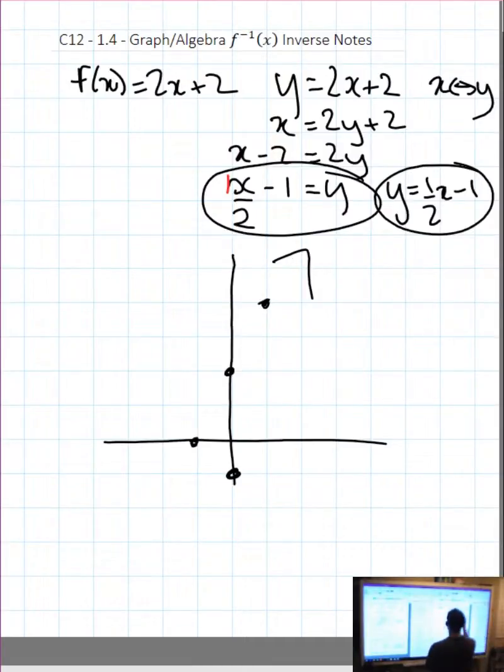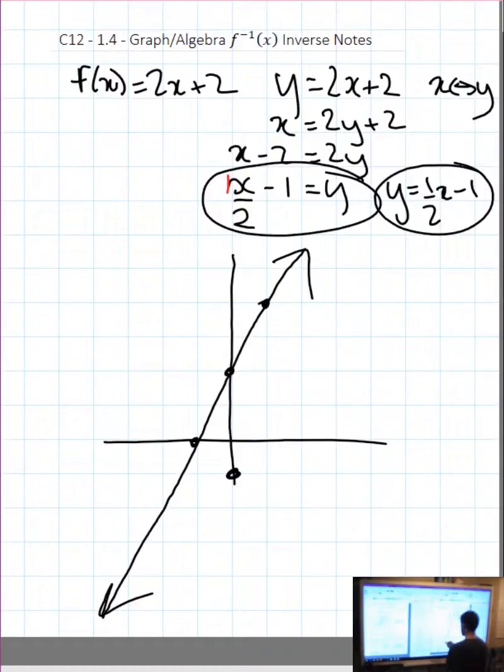And I'm going to draw that line a little bit better for the purposes. We have a y-intercept of -1, and we have a slope of 1/2. So up 1 over 2, up 1 over 2, down 1 over 2, down 1 over 2, and draw that line.